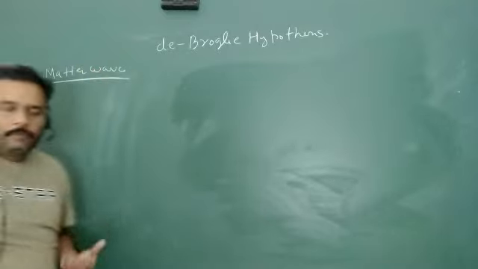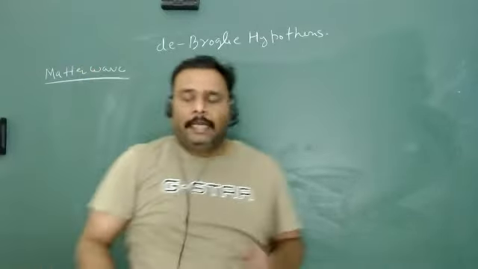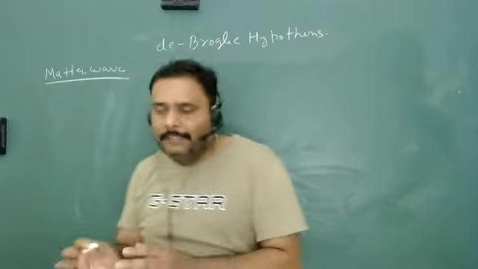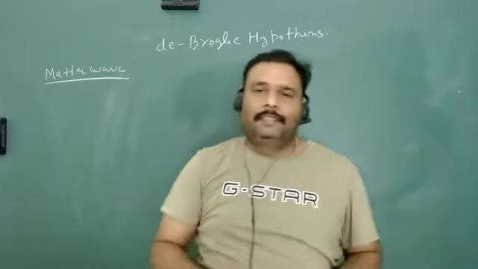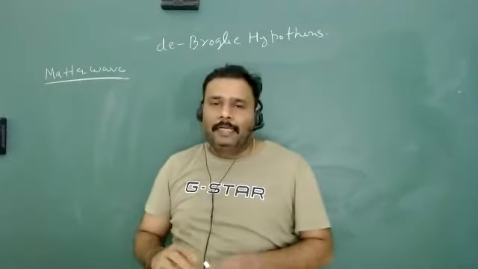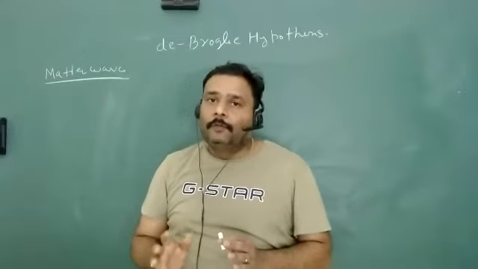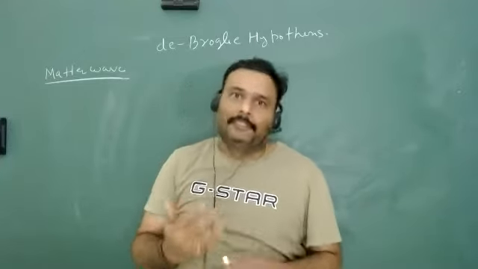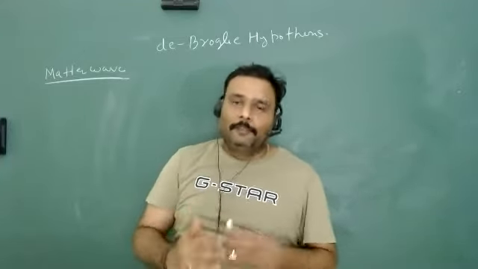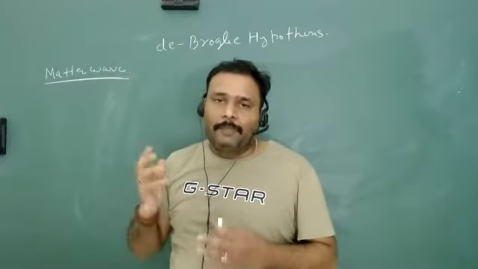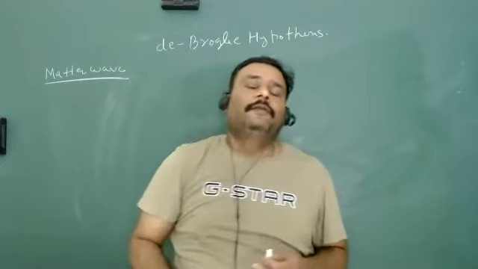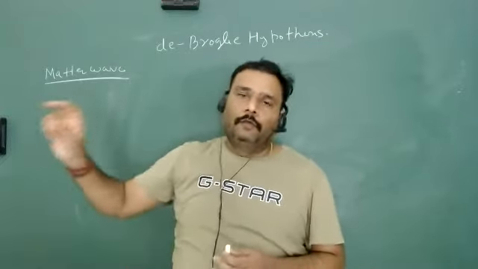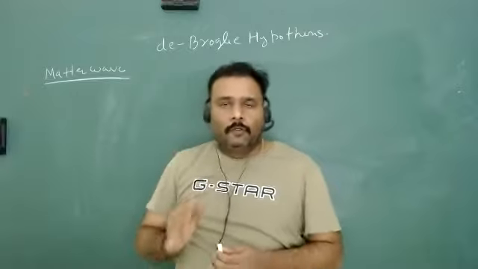This is abstract. What is the meaning of abstract? Abstract means you cannot see it, you cannot feel it, but you can use it mathematically to justify your experimental evidence.